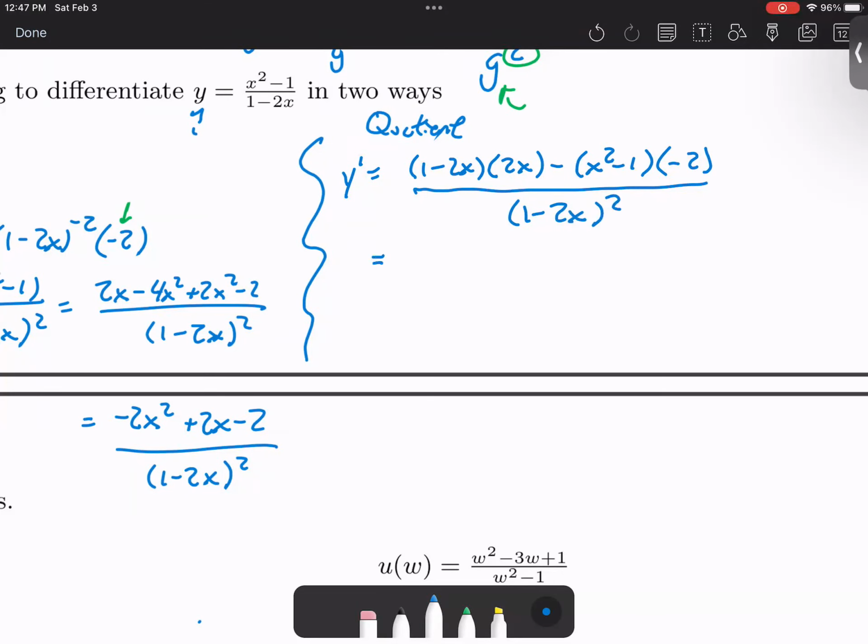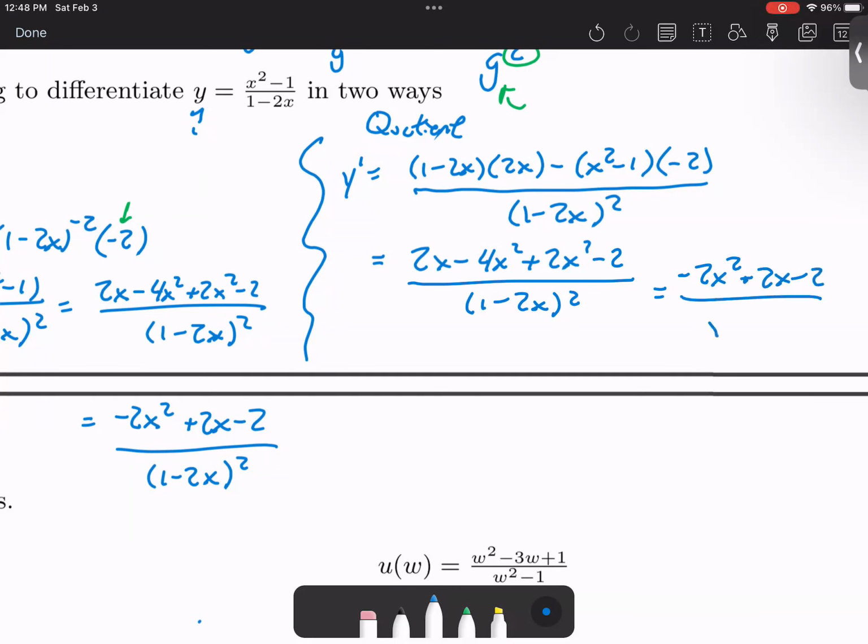And by simplifying this, we end up at 2x minus a 4x squared plus a 2x squared minus a 2 over 1 minus 2x squared, which by simplifying and ordering our terms, we have minus 2x squared plus 2x minus 2 over 1 minus 2x squared. And I think that's the same thing as we got over there.